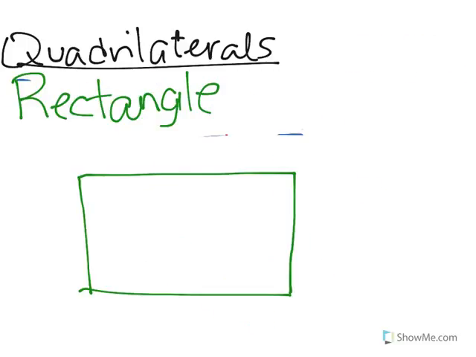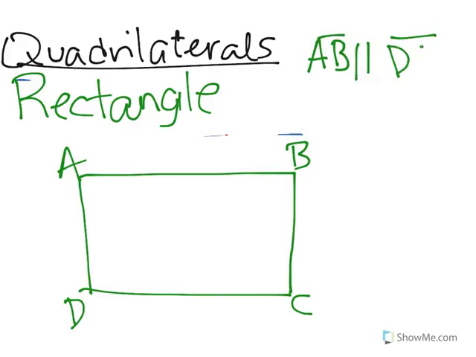In a rectangle, this is a rectangle, four sides. Opposite sides are parallel. So if I give each vertex a letter, then side AB is parallel to side DC, and AD is parallel to BC. That's what parallel is. They'll never intersect, ever. Another thing is that the opposite sides are congruent.